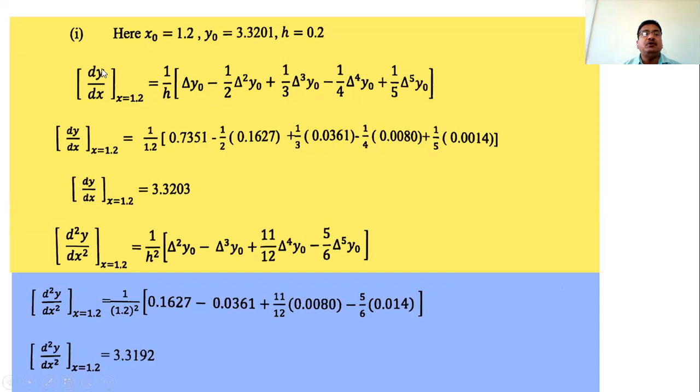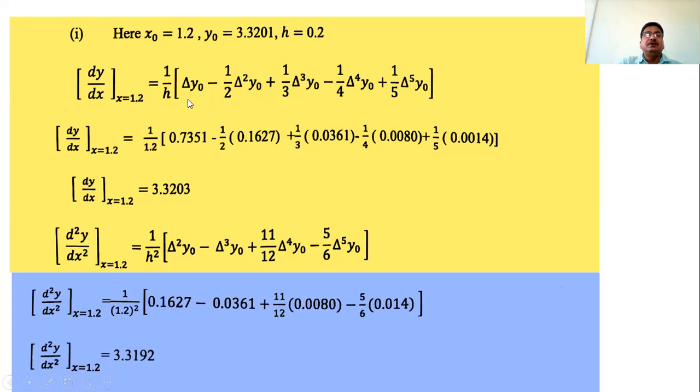So the formula for dy by dx is what? 1 by h, delta y naught minus 1/2 delta square y naught plus 1/3 delta cube y naught, and so on with plus and minus signs. The value 1.2 is at the beginning of the table, that's why use this formula to find the first order derivative, and this formula to find the second order derivative, because the value 1.2 is at the beginning of the table.